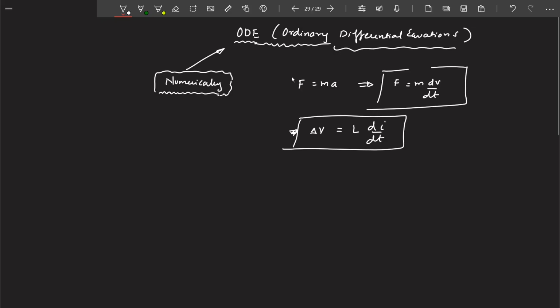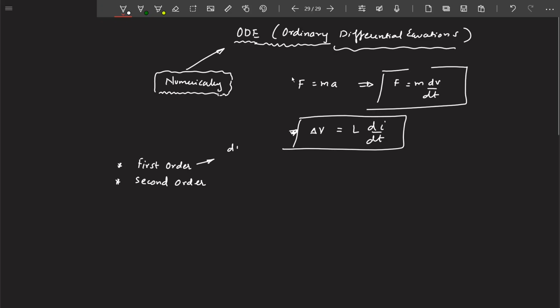If I am going to classify ODEs, there are a lot of ways of classifying them. The very first method is based on the order of the derivative. When the order of the derivative is 1, it is known as a first order differential equation. When the order is second, it is known as a second order differential equation. If you are still not clear, I can write it down.